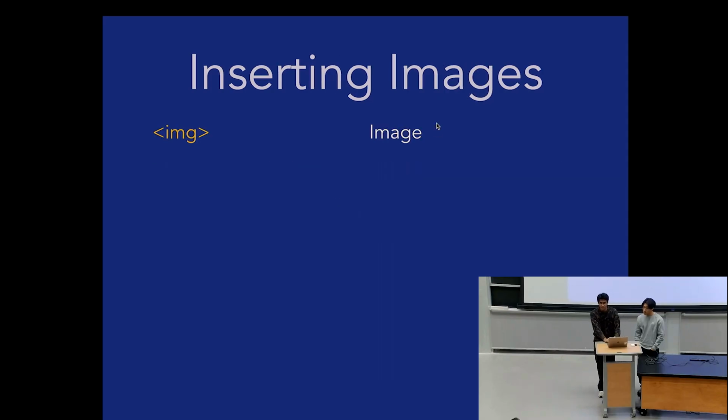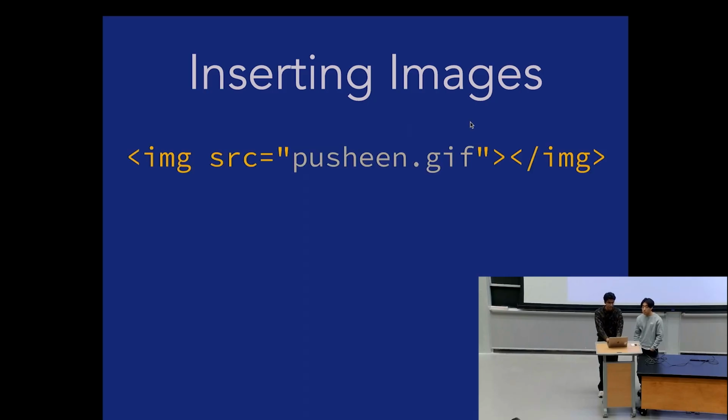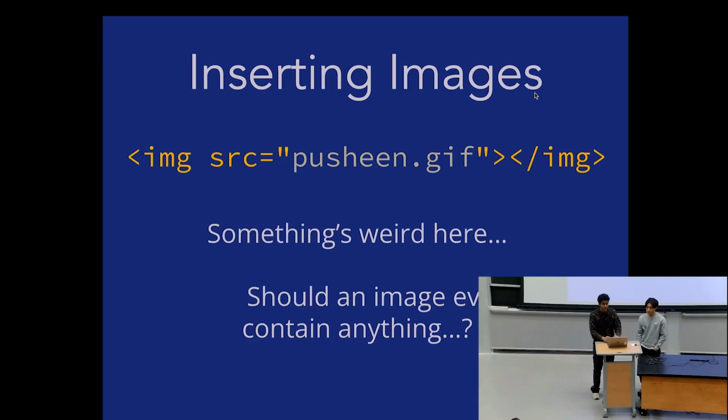Another really common one is going to be images. To insert an image, you'll use the source attribute, src, and then you set that equal to the name of the image, wherever that is, relative to your directory. Now, there's something a little bit weird here with this opening and closing thing for images, because when you have an image, you're not really going to put anything inside of it.